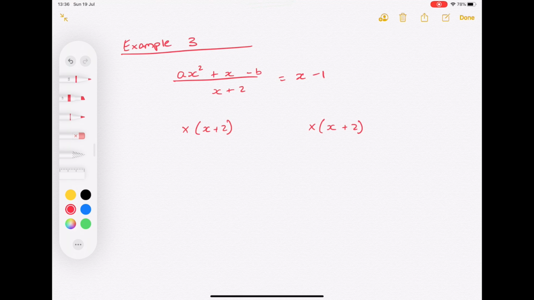as you should know, if you don't, I'll make a video on this as well. But if I multiply both sides by x plus 2, on the left, what you're going to find is the following.